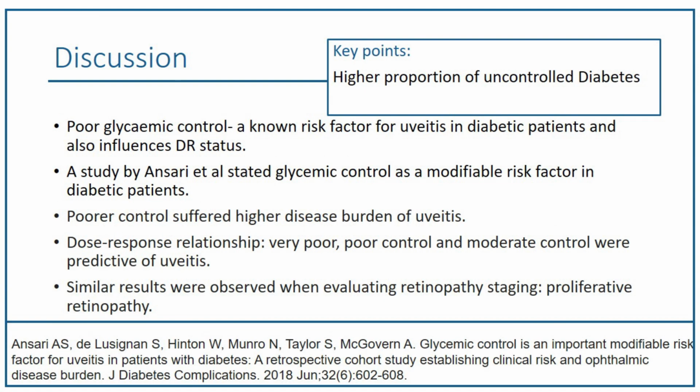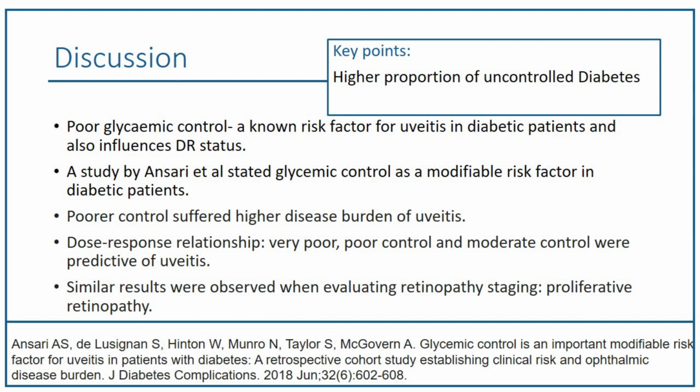Next, we have noted a higher proportion of patients having uncontrolled diabetes. Poor glycemic control, as we've already described, is a known risk factor for uveitis in diabetic patients and also influences the diabetic retinopathy status. This has been described by Oswald et al. in their study. A study by Ansari et al. stated that glycemic control is a modifiable risk factor in diabetic patients.